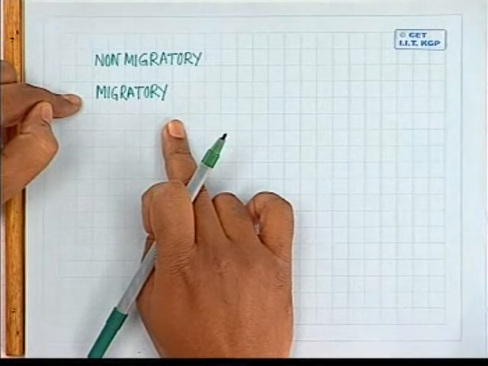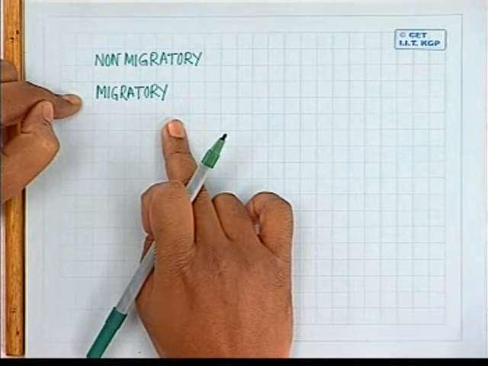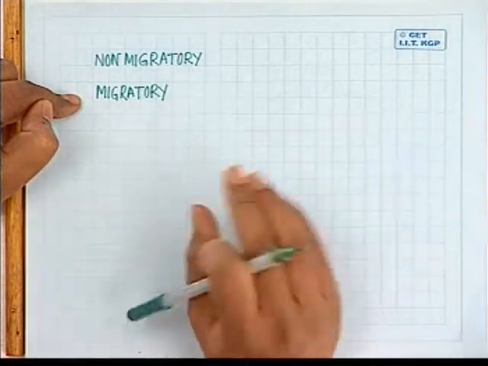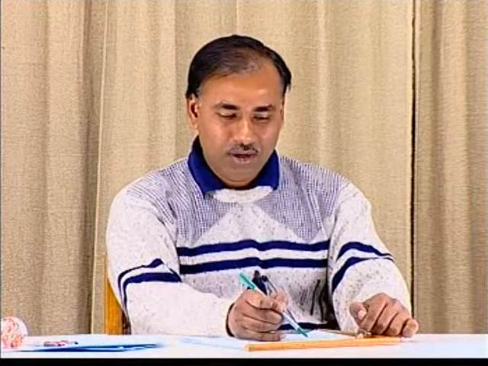Once it is decided, that is fixed. That process is executed on the allocated processor until it is terminated. In case of migratory, we can shift or migrate a process from one processor to another. So you can say that the non-migratory approach is static, whereas the migratory approach is dynamic. We'll see more on this in our next class.